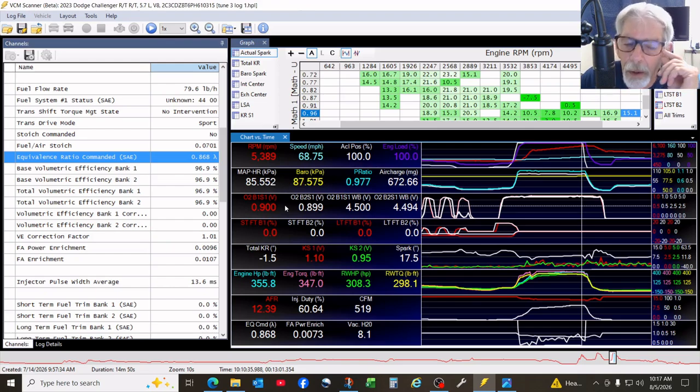Typically, your airflow coming into your throttle body through your air tube and your air filter and stuff like that, it's not restricting it enough to affect depression. That depression's on the other side, okay? It's on the back side. So it's from the back side of the throttle body on.